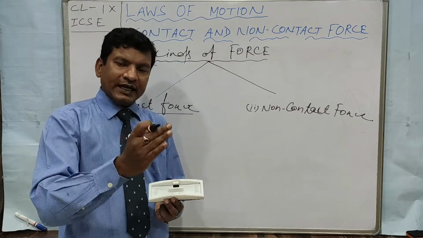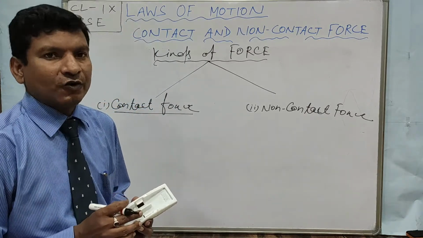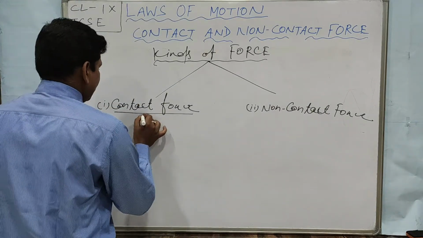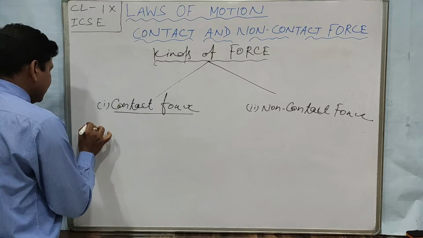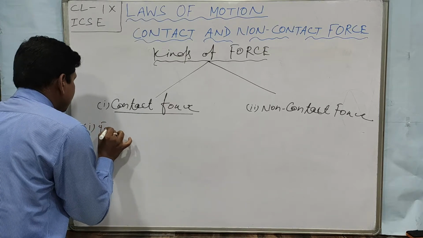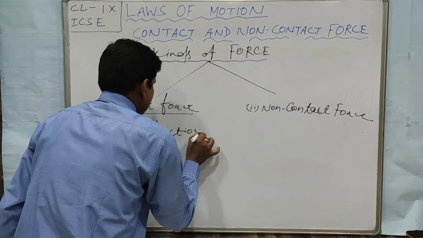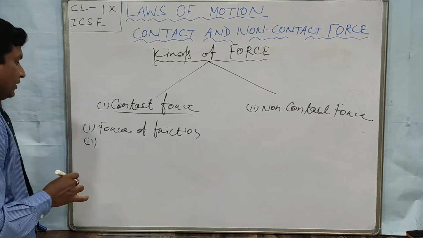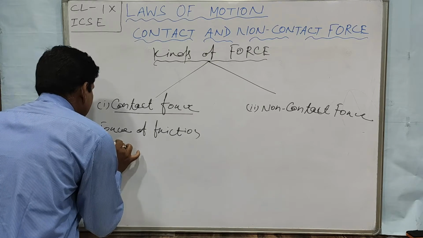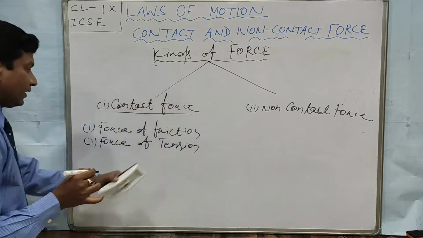So first you note down the definition of the contact force. When the force acts on the body by making physical contact, it is known as contact force. Now there are different examples of the contact force. What are these? Number one, force of friction or frictional force. Number two, tensional force or force of tension. This is another contact force.